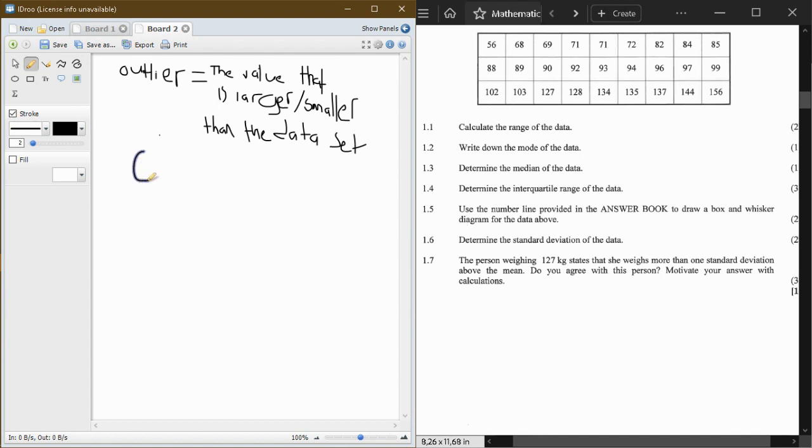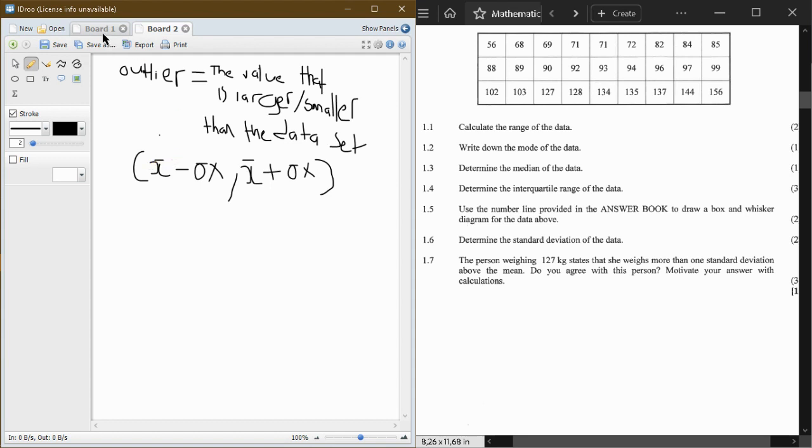To find our outlier, it is always your mean, x with an underscore, minus your standard deviation, and then your mean plus your standard deviation. There are different methods, but I prefer this one.